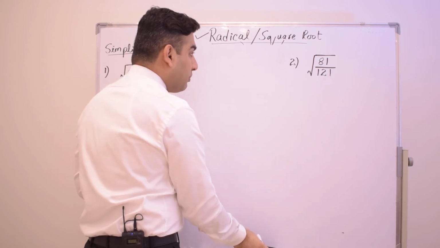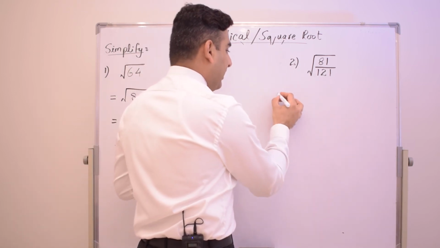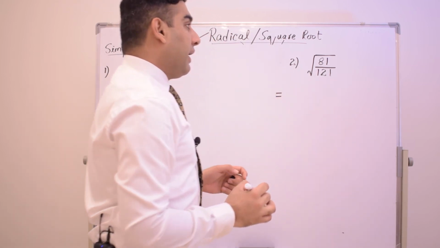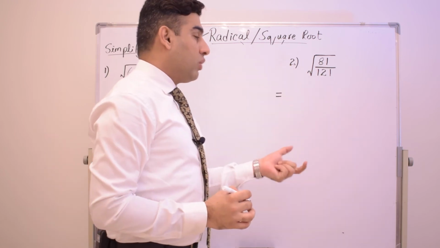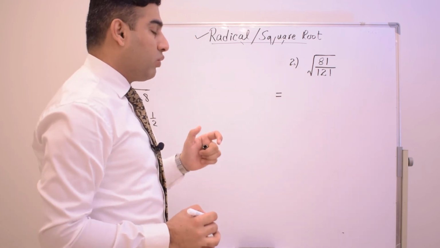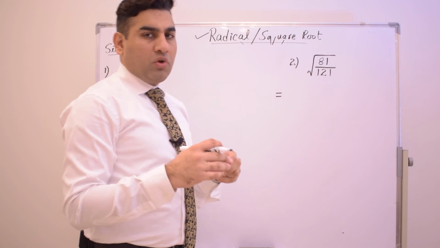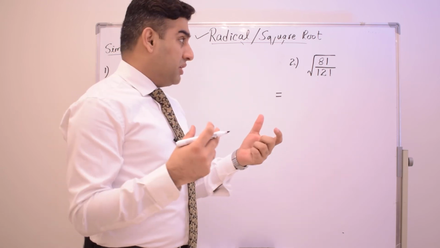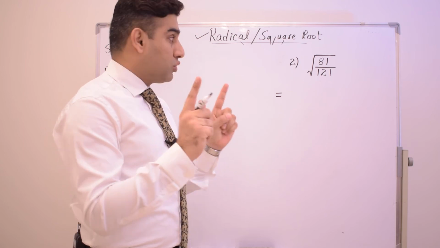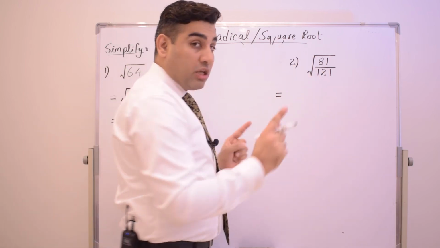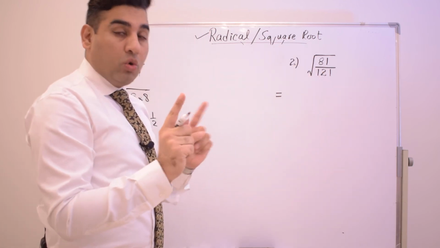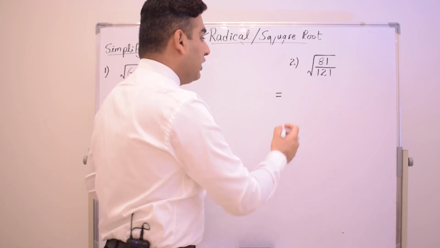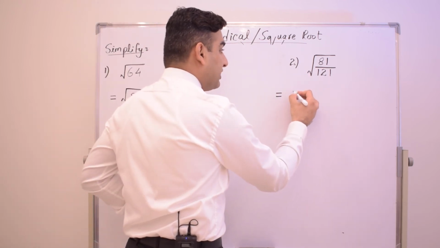In part number 2, I have a fraction. In the numerator I have 81, in the denominator I have 121. So you have to find the two same numbers which you multiply to get 81, and the two same numbers which you multiply to get 121. If your times tables are good, you can directly answer.